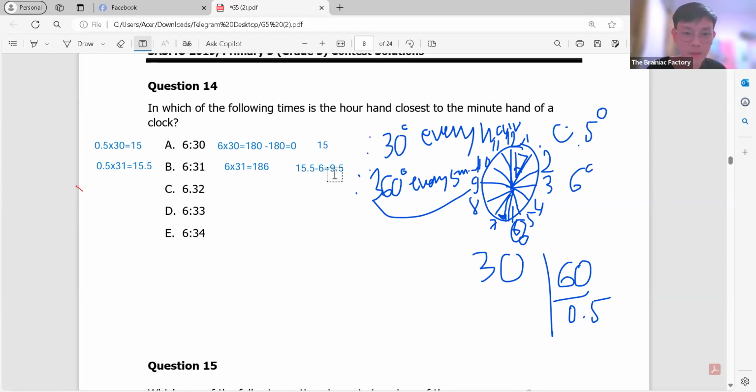So we're having a bit closer now, but we're not sure if it is the answer. So we're going to keep doing this operation. And this one is 0.5 times 32, giving us 16. And this one is 6 times 32, it's giving us 192.